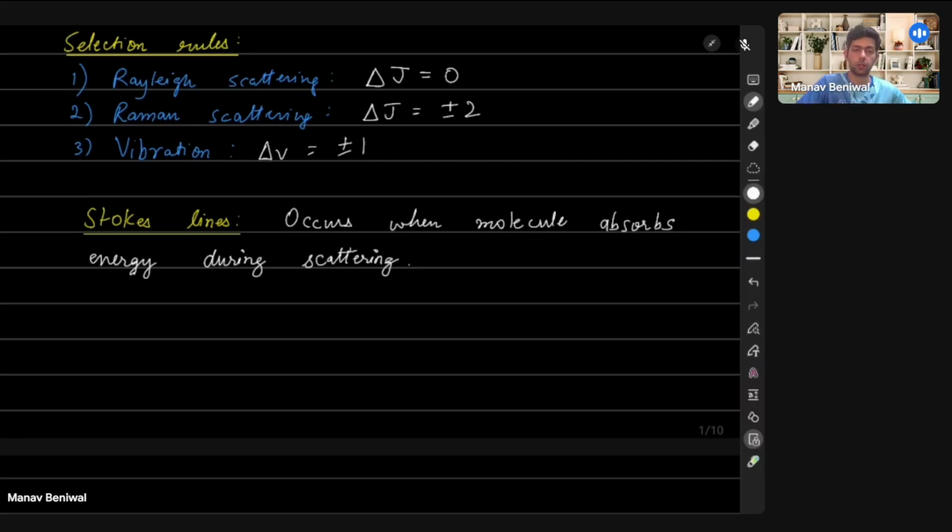When the molecule is absorbing energy from the photon, the final scattered photon will have lower energy and therefore lower frequency.